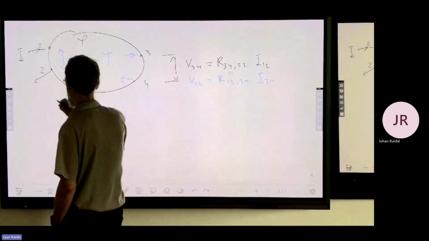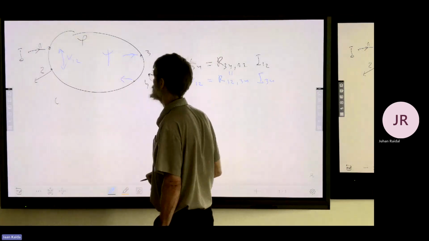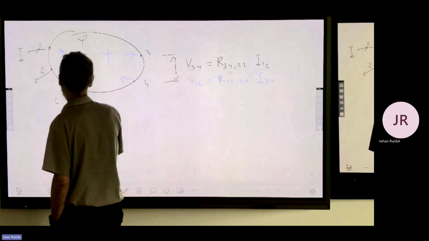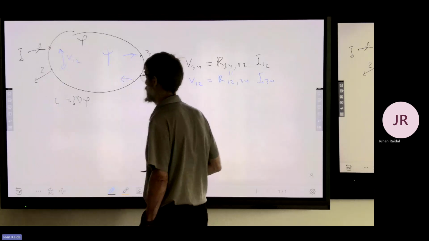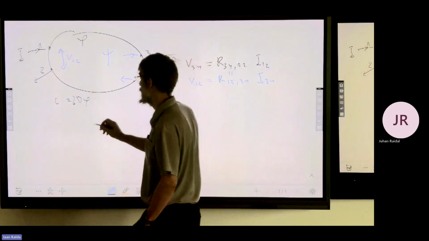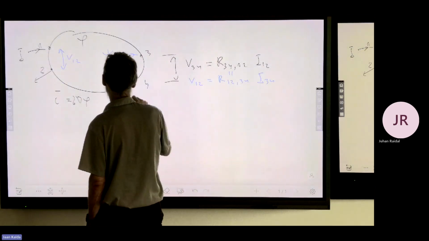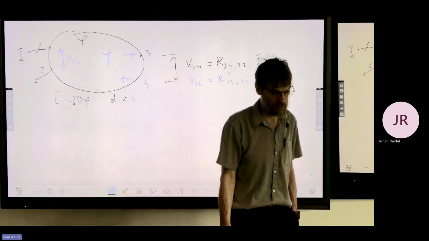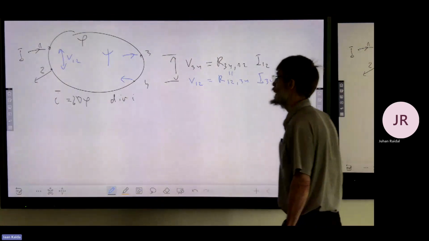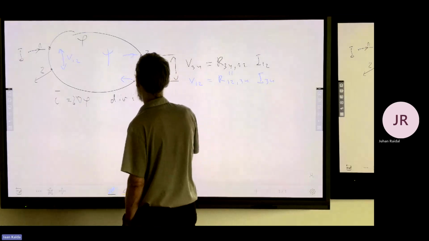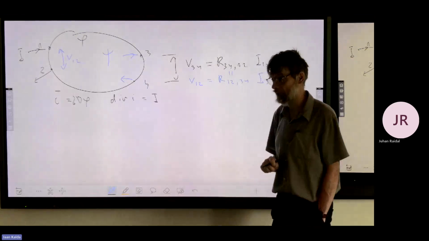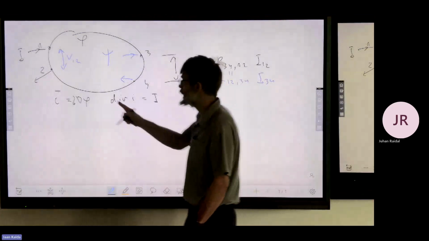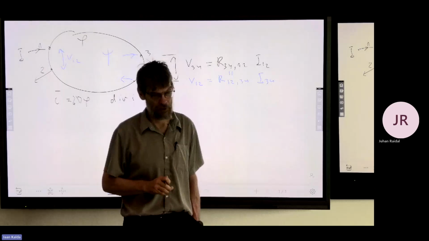Then we have I is sigma gradient of phi, and now the divergence of I. The divergence of I will be at the points where we inject and take out current, so it will be the current I that we inject, times a Dirac delta function, because we have a singularity where we inject and where we take out.